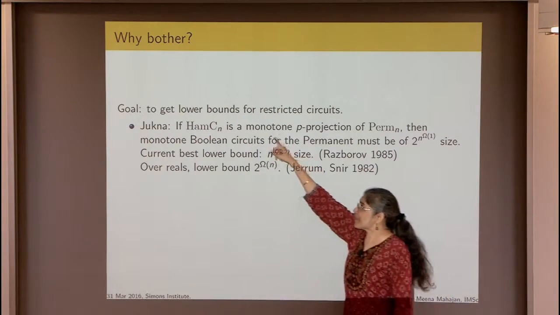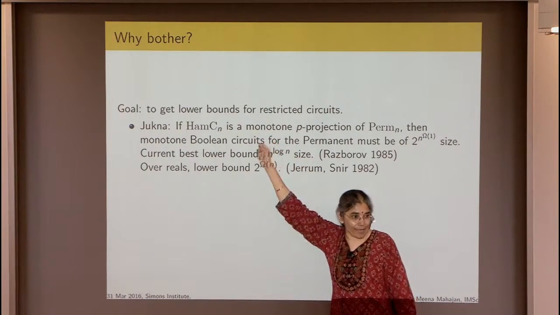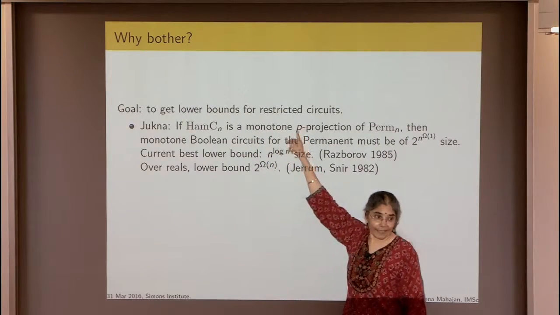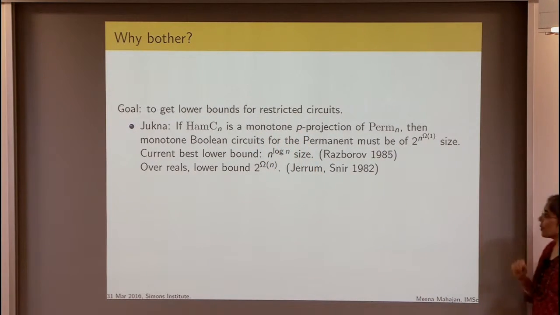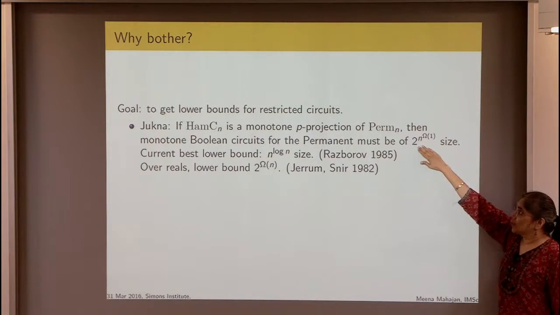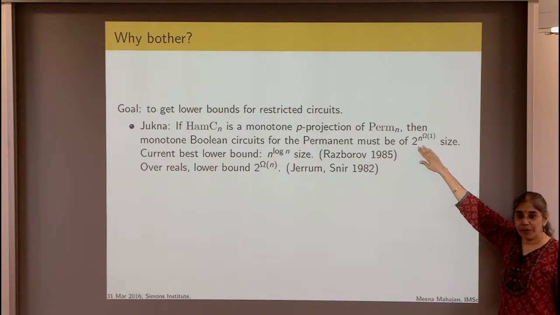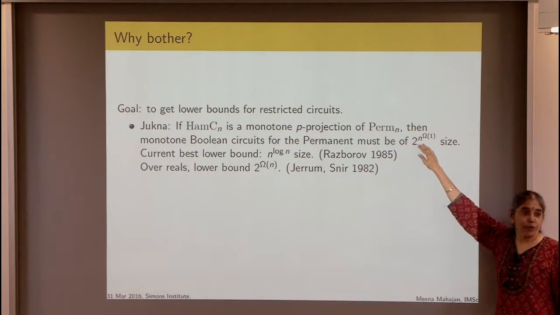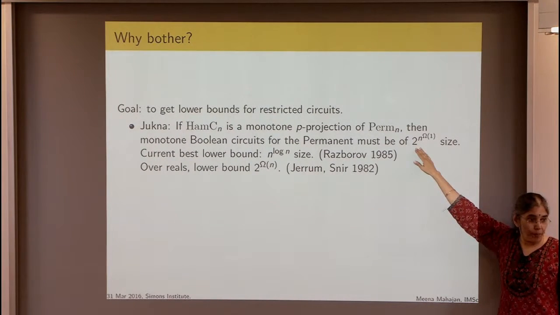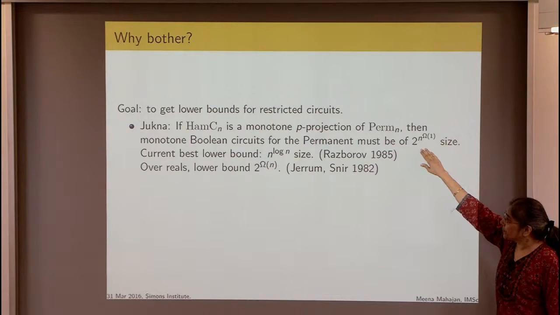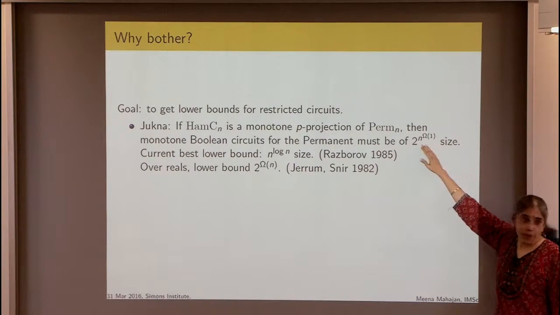But the point is that that projection is not known to be monotone. So we are emphasizing monotone and polysize. Now, if the Hamilton cycle is a monotone polysize projection of the permanent, then we can show a monotone circuit lower bound for the permanent, which is exponential. And this would improve the best known bound for Boolean circuits.